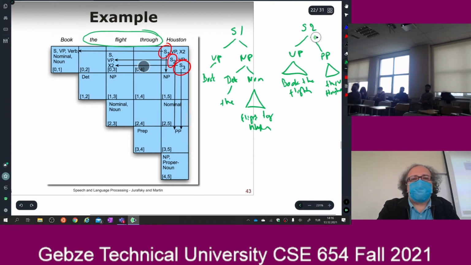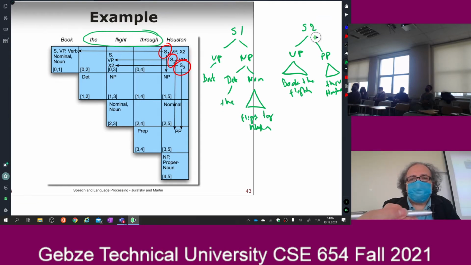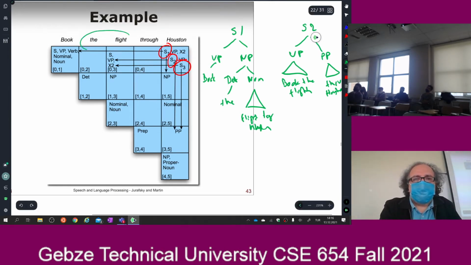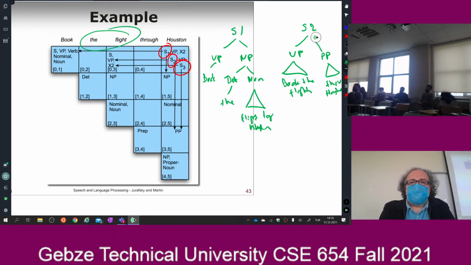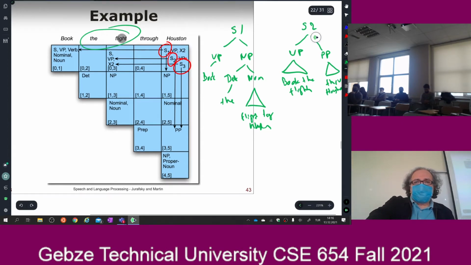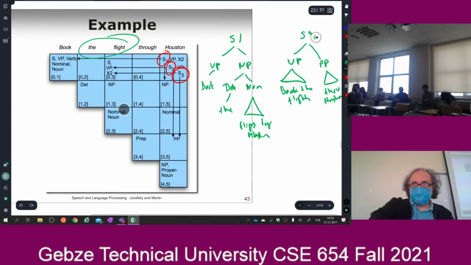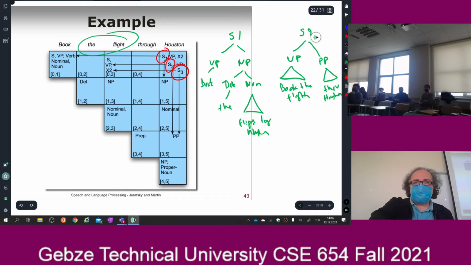No, 0 4 is empty. But the flight is, yeah, it can be many things including a sentence, verb phrase, and X2. Flight by itself can be a nominal or noun.